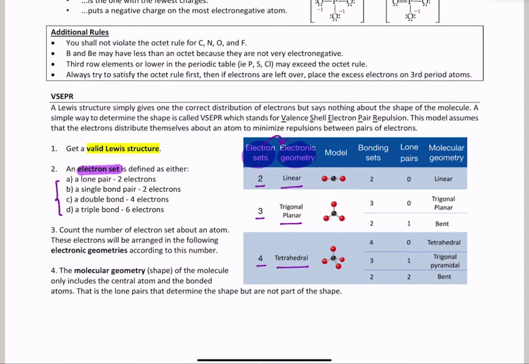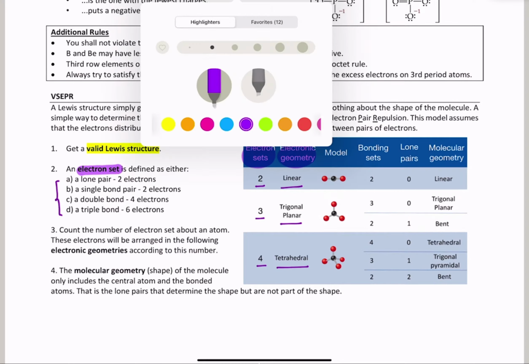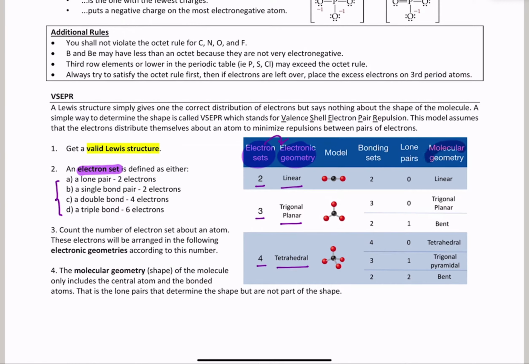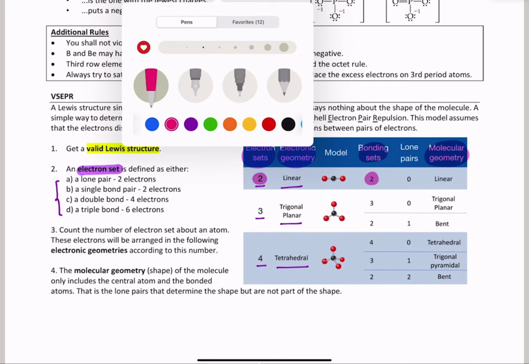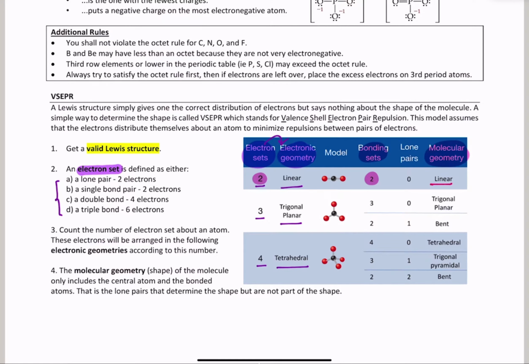Then, in order to determine the shape of the molecule, which is the molecular geometry, you will have to identify the kind of sets your electron sets are. As an example, if the 2 electron sets are both bonding sets, then you have a linear structure.